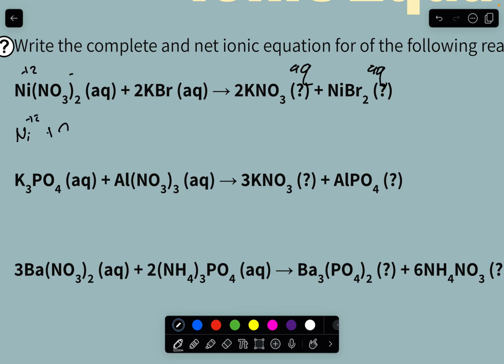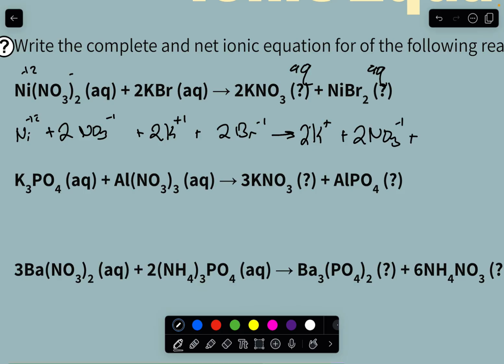So nickel +2 plus 2 of our nitrate ions plus 2 of our potassium ions plus 2 of our bromide ions goes to 2 potassium ions, 2 nitrate ions, our nickel ion, and 2 of our bromide ions. That's our complete ionic equation, what was given to us.